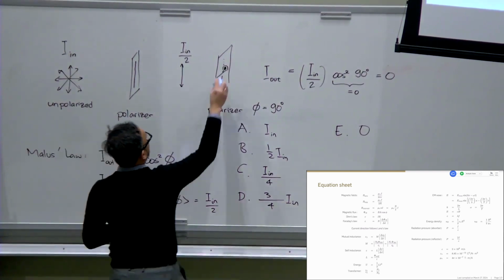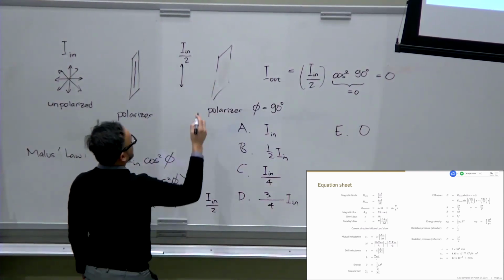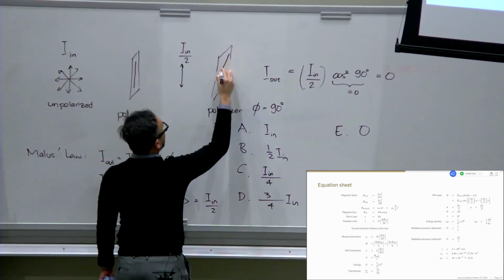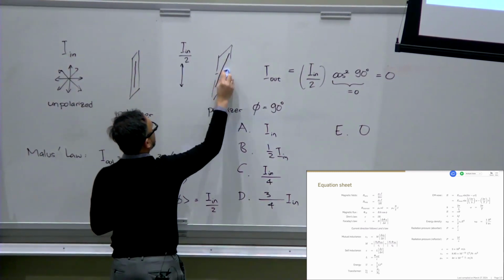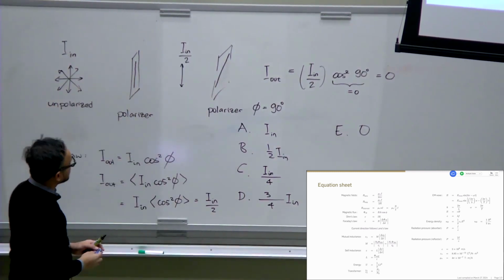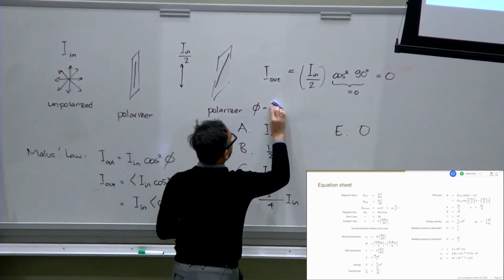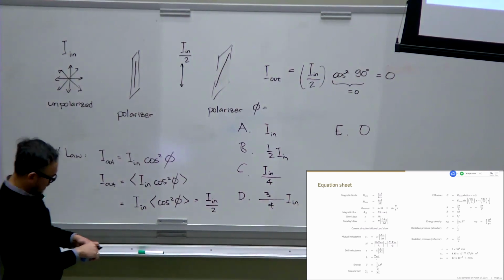All right, so let me expand a little bit. Let's say I rotate the last polarizer. So still two polarizers, the input is unpolarized light. If this is too easy for you, feel free to come up with a question and we can do it as a class.